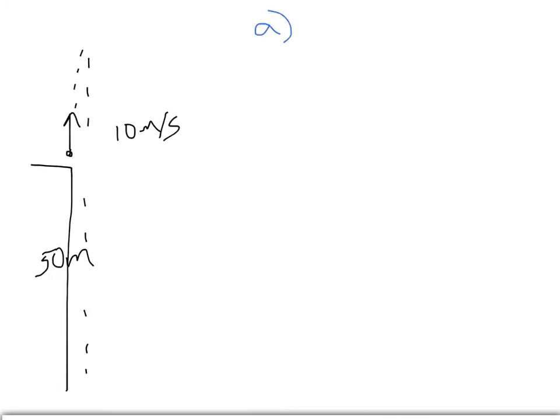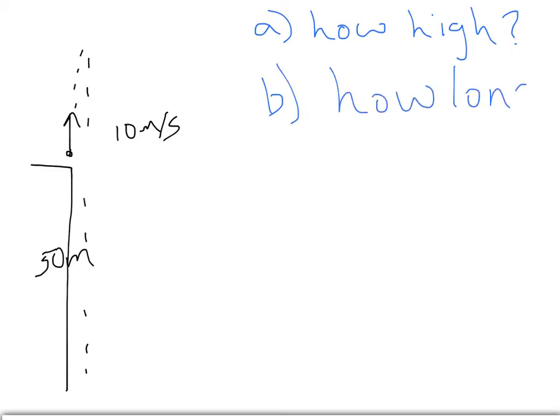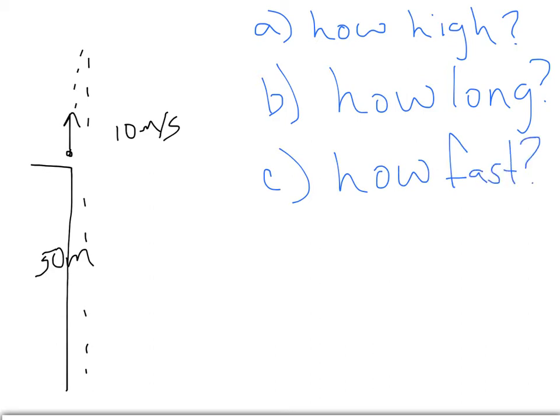First, how high does it go from the surface of the earth, so from the very bottom. Then how long does it take for the entire trip from when it's released until it falls, and how fast is it traveling before it hits the ground.